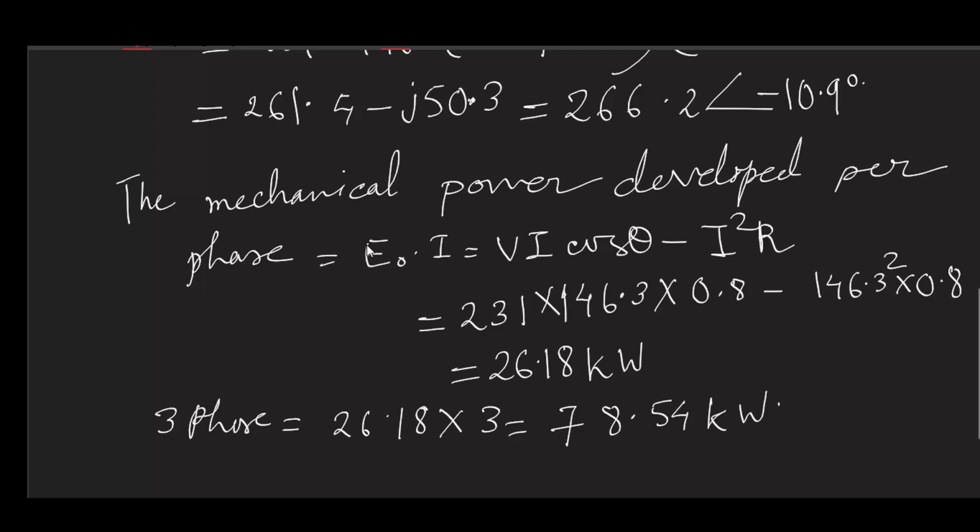Unlike the DC machine, in case of a DC machine there was no scope of witnessing the effect of capacitive or inductive current.